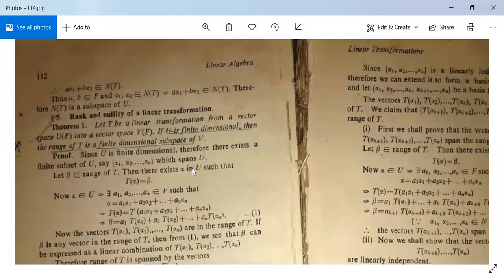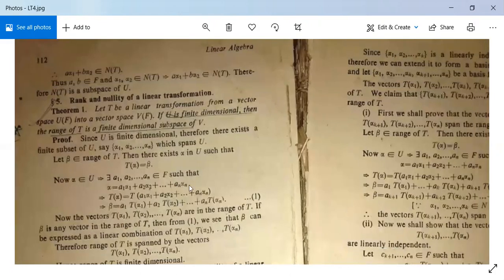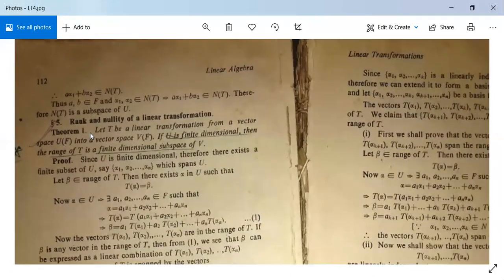Now you will have the rank and nullity of a linear transformation. See here, we will see its definition. Theorem: let T be a linear transformation from a vector space U into a vector space V. Most of the time we will have T a linear transformation from U into V over the same field F. If U is finite dimensional, it means the domain is finite dimensional, then the range of T, R(T), is a finite dimensional subspace of V. R(T) is a subspace of V, we have proved earlier.